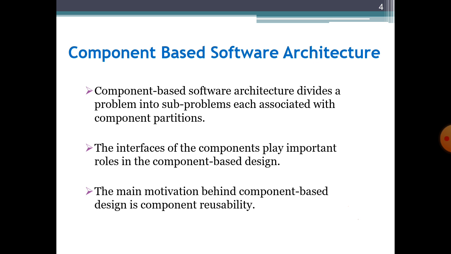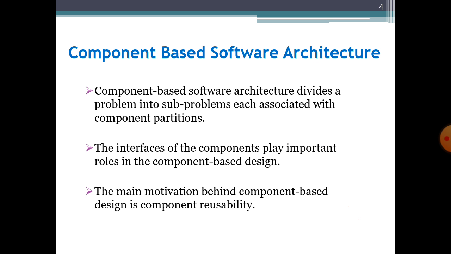So what is the notion behind component based architecture? Basically, component based architecture focuses on the decomposition of the design into individual functional or logical components that represent well defined communication interfaces containing methods, events, and properties.